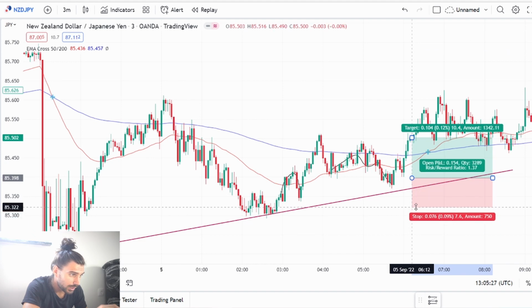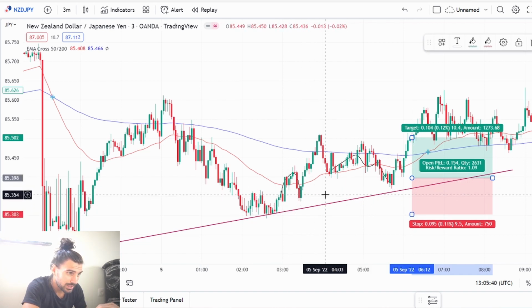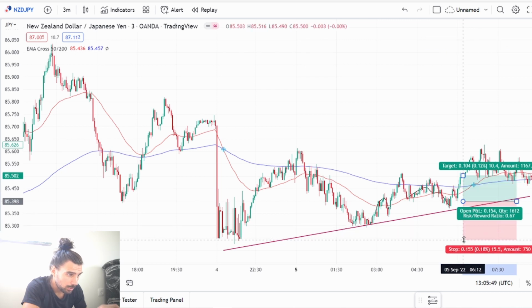My stop loss would be slightly, maybe this wick, it always depends. Sometimes it could be this area, sometimes this wick, sometimes straight at this wick or slightly below. It really depends on what I see, what the market does. But for now we can make it a little bit more secure and maybe even put a stop loss here.